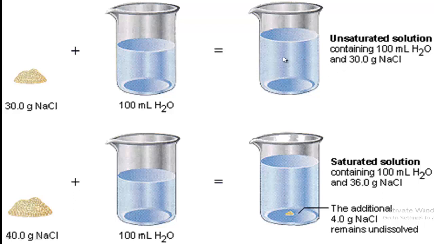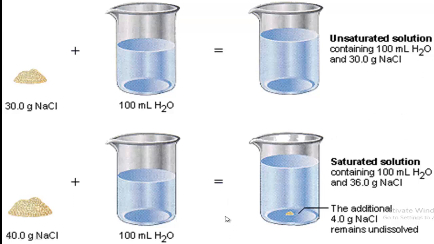That means it can dissolve 6 gram more salt also. And where 4 gram salt remains undissolved, that solution is called a saturated solution. Now I hope you clearly understand saturated solution and unsaturated solution.